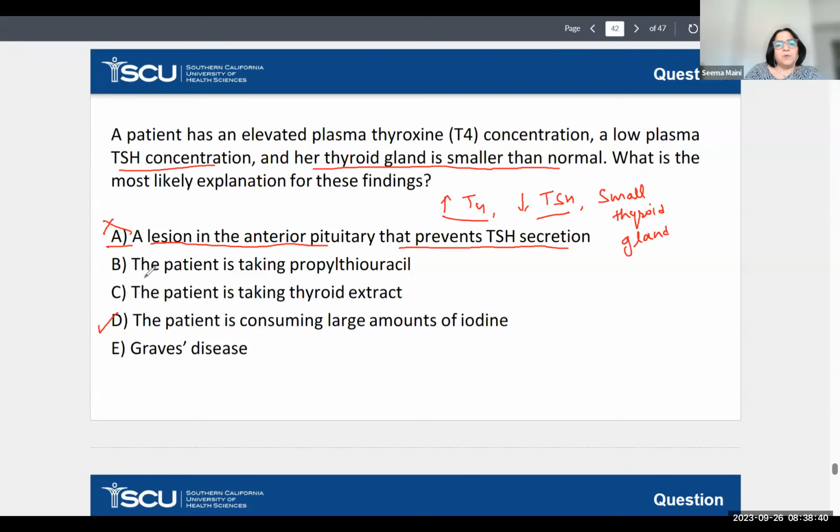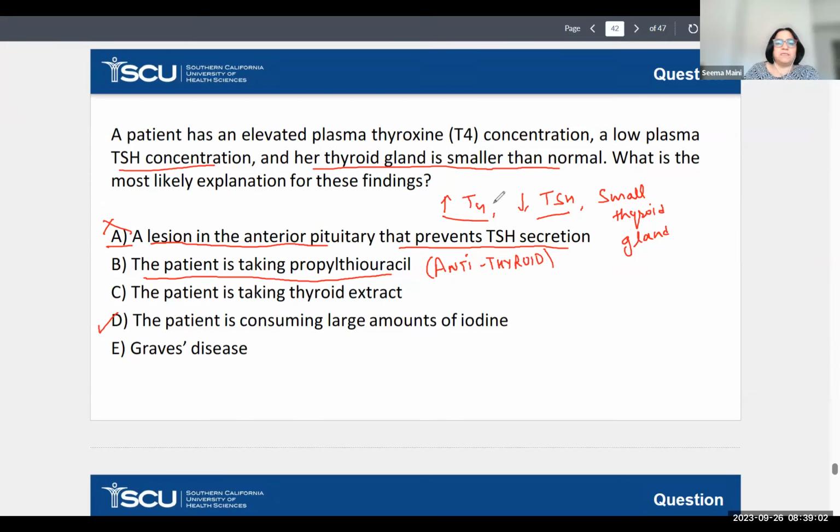Patient is taking propylthiouracil. Propylthiouracil is an anti-thyroid medication, so that doesn't explain increased T4 levels, right? Wrong choice.